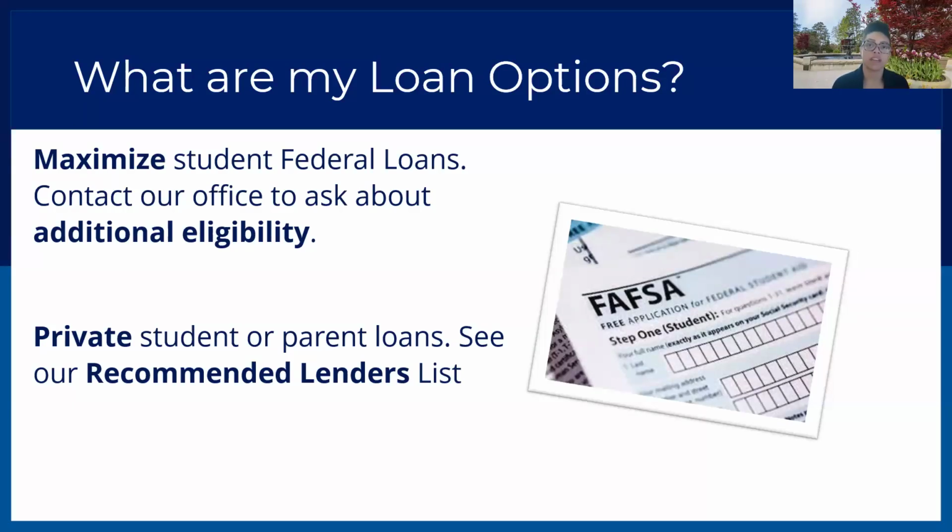And then from there, if you pursue the process and you're approved, that information comes back to Duke and we update the aid offer on the hub to reflect a private loan, whether it's the Federal Plus loan or a true private third party loan, and also any additional student loans.